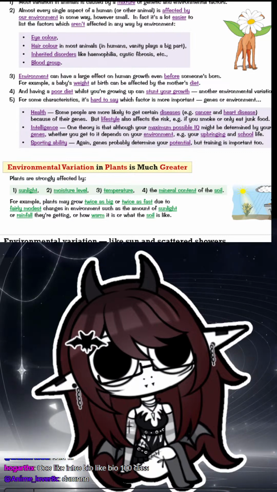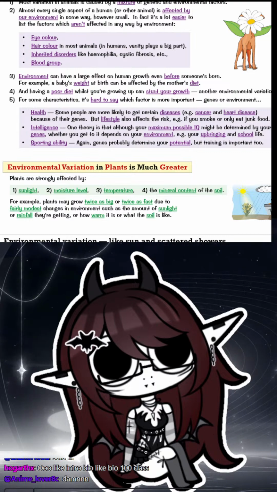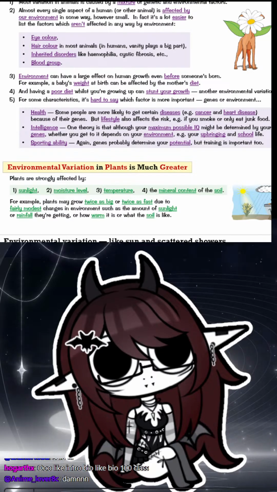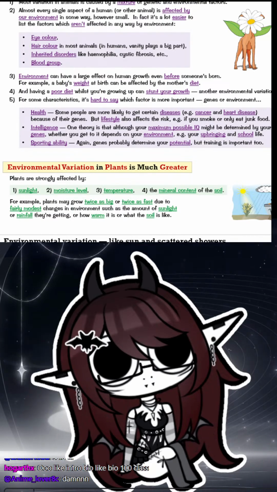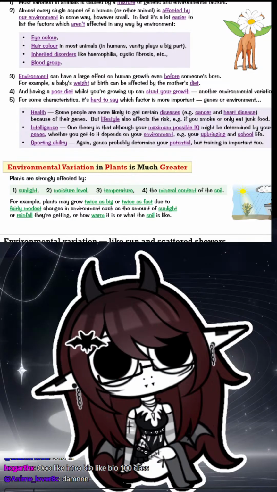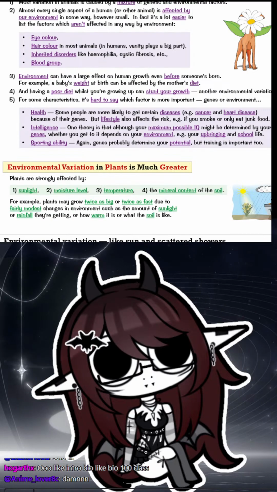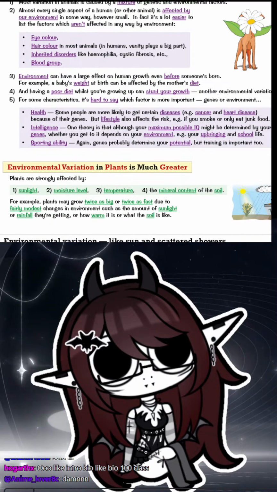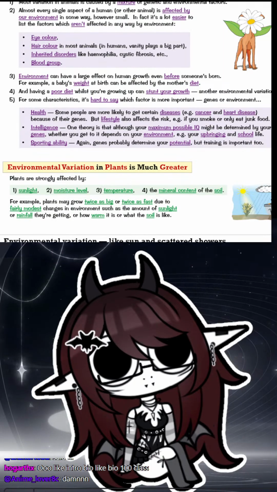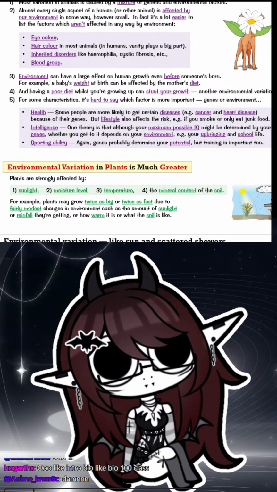Now, health. Some people are more likely to get certain diseases, for example, cancer and heart disease, because of their genes. But lifestyle also affects the risk, for example, if you smoke or only eat junk food. Smoking because of pressure buildup, and junk food because of the fatty bits that can sort of block stuff.